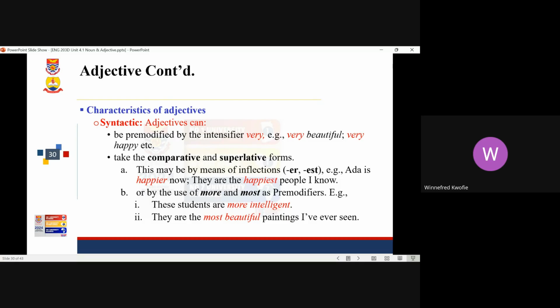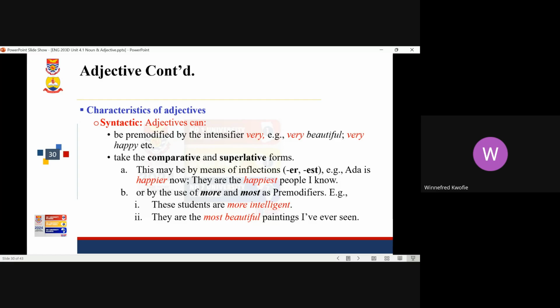So adjectives also have the ability of taking the comparative and then superlative form, where we add ER to indicate the comparative form, whilst we add EST to indicate the superlative form.